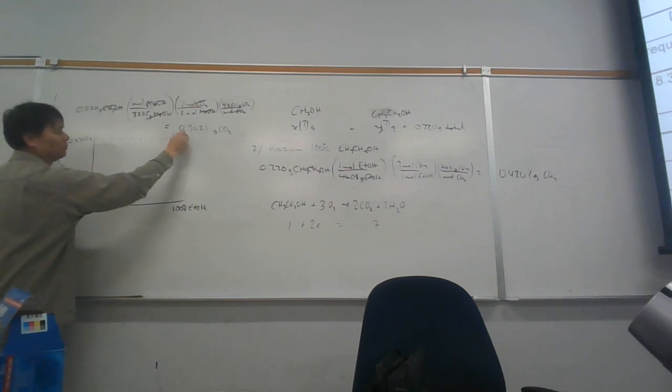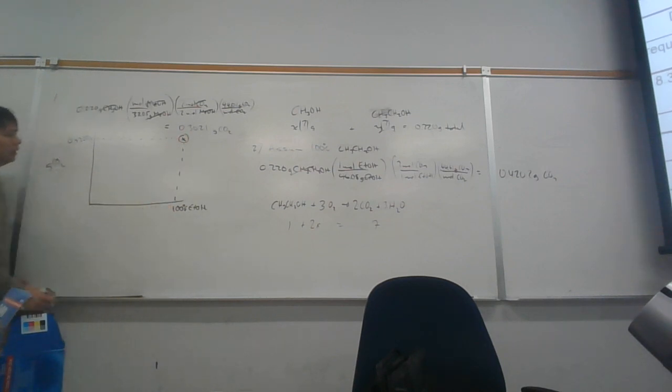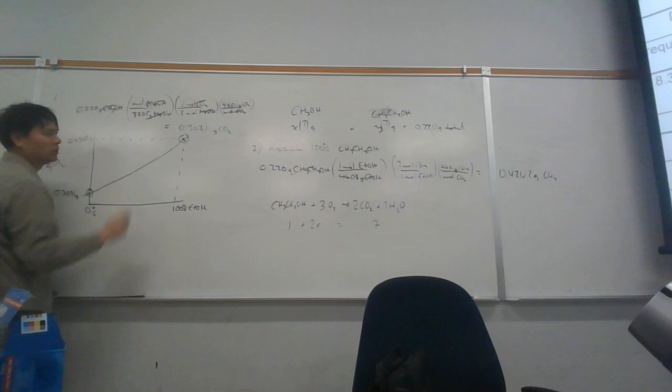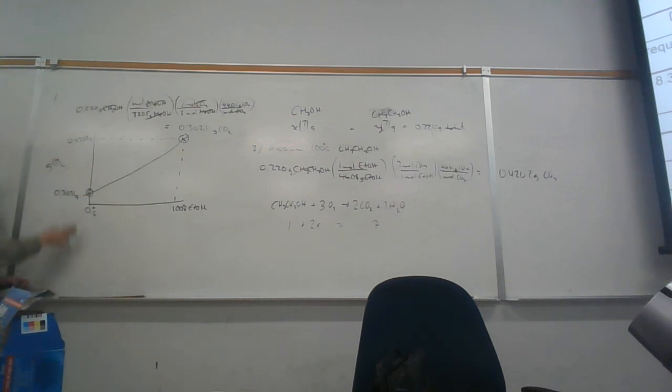If it's 0% ethanol, it's 100% methanol, and I'll generate 0.3021 grams. And this is linear, because there's no squared, no cubic terms, no square roots. It's linear.